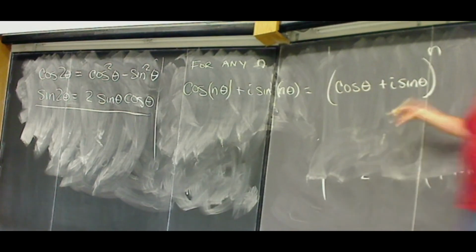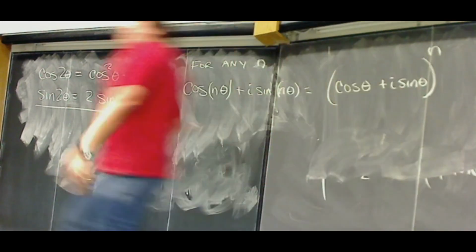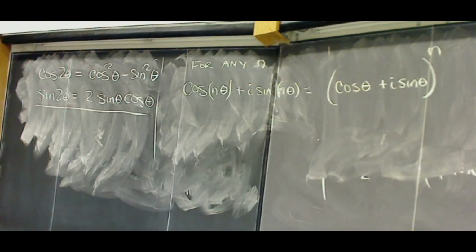So you can use this to figure out trig identities of any number of multiple angles. If you want a triple angle formula, you can use this. If you want a 10th angle formula, you can use this, and so on.